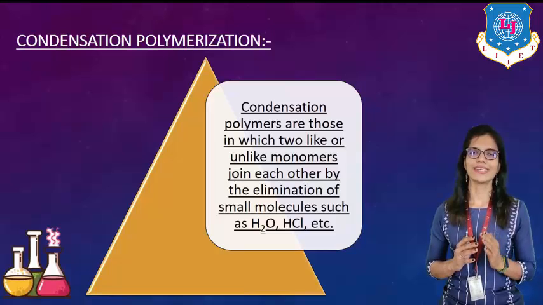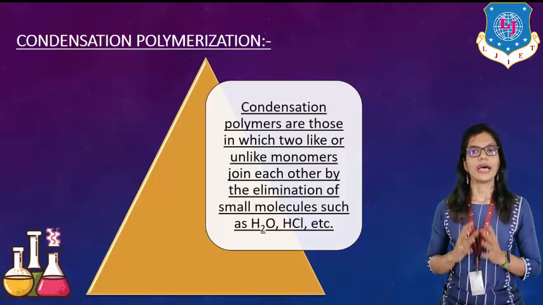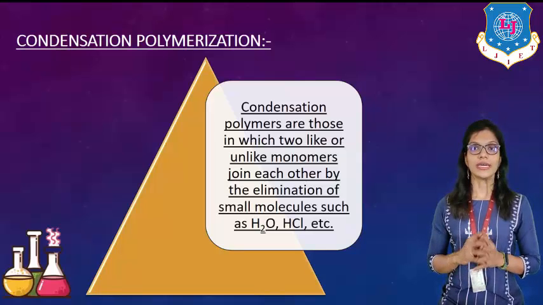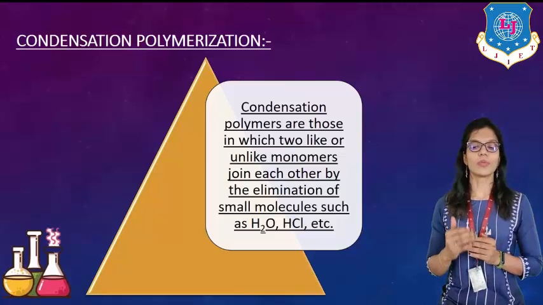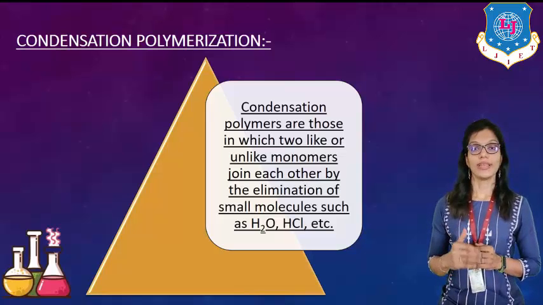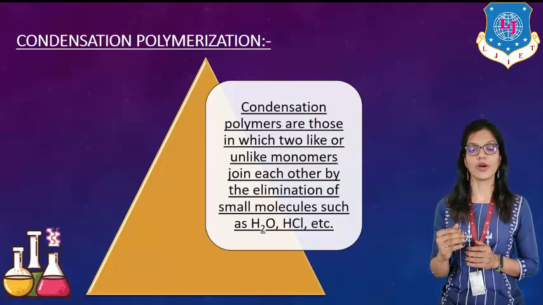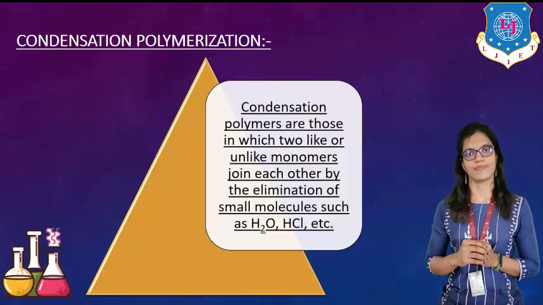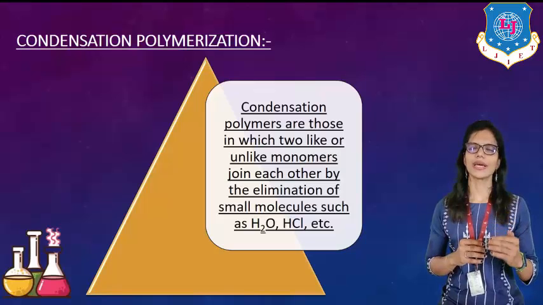Condensation polymers are those polymers in which two like or unlike monomers join each other by the elimination of small molecules such as water, or HCl, that is hydrochloric acid. Here the removal is being done.